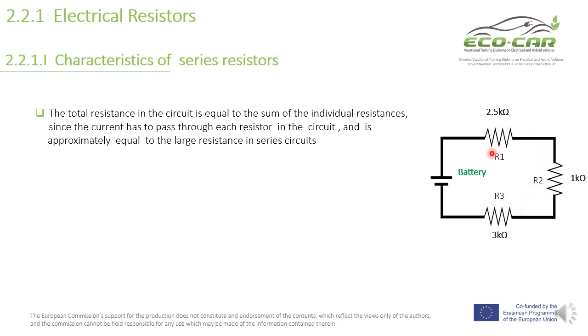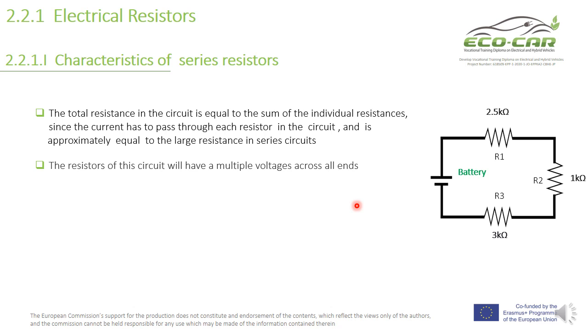The equivalent of these resistors is approximately equal to the largest resistance in this circuit. For example, if this is 1 mega ohm, this is 10 kilo ohms, and this is 2.5 kilo ohms, the equivalent of this circuit is nearly equal to the biggest one, for example, the 1 mega ohm.